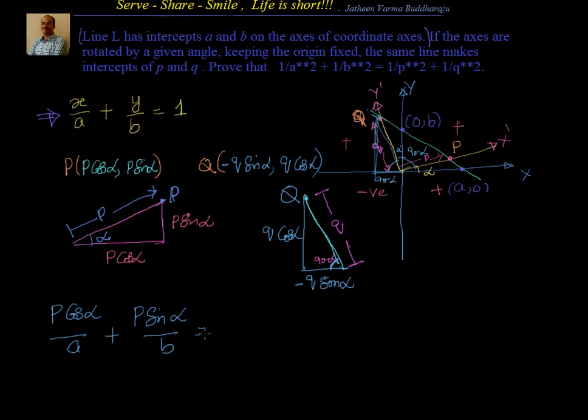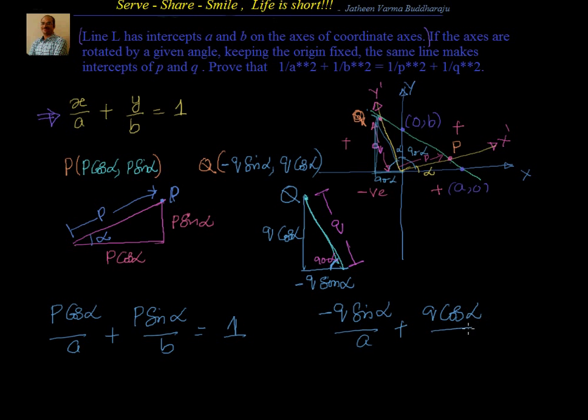Similarly, if we substitute Q point inside the equation, we will have minus q sin alpha by a plus q cos alpha by b is equal to 1.